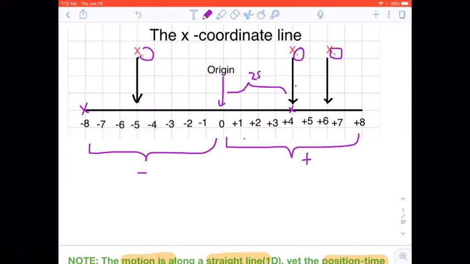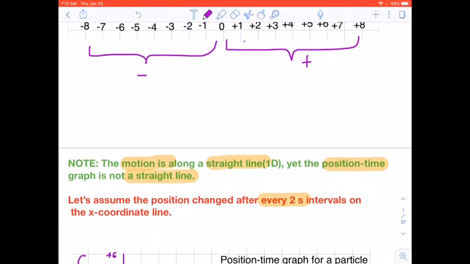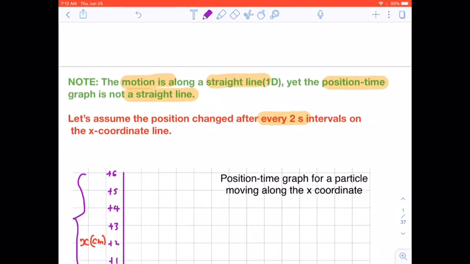From there to there, it takes 2 seconds. And from there to there, it's 2 seconds, right? So that is the elapsed time for that particle when it changes its position.